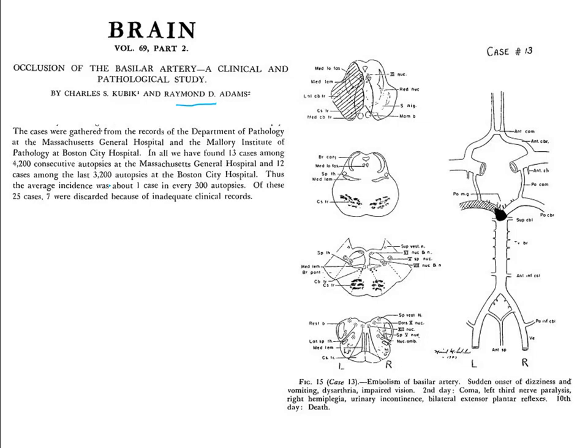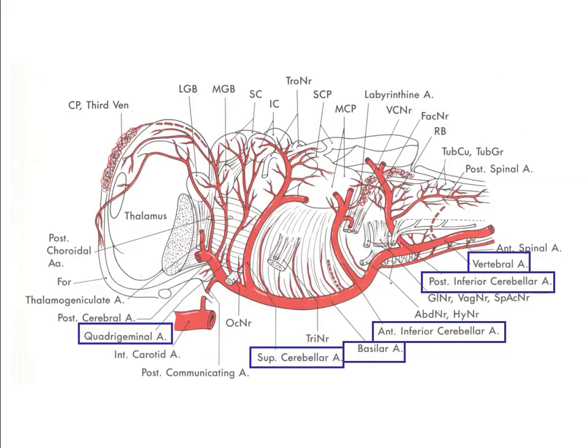They went through each one of them one by one, and they found a total of 15 cases of basilar infarcts. They looked at the anatomy of every single one. They had notes drawn at the time of exactly where the occlusion was, what vessels were occluded, and what the lesions were. This is where these sorts of pictures that I'm showing you come from, well before anybody had CT, diffusion-weighted imaging and the like.